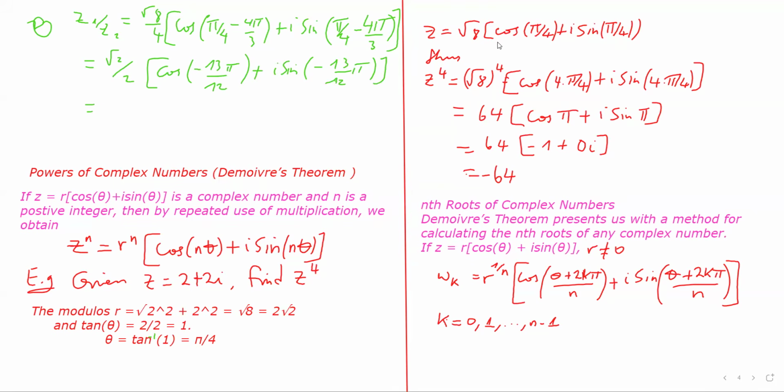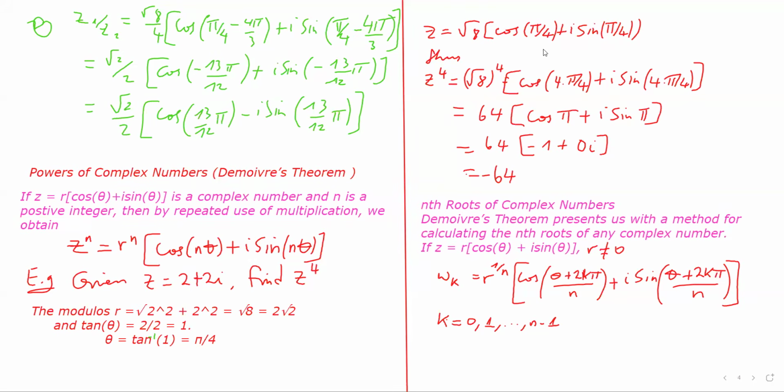And then we have square root of 2 over 2, we have cos 13 over 12 pi plus i sine, so this is minus sine 13 over 12 pi. Okay.